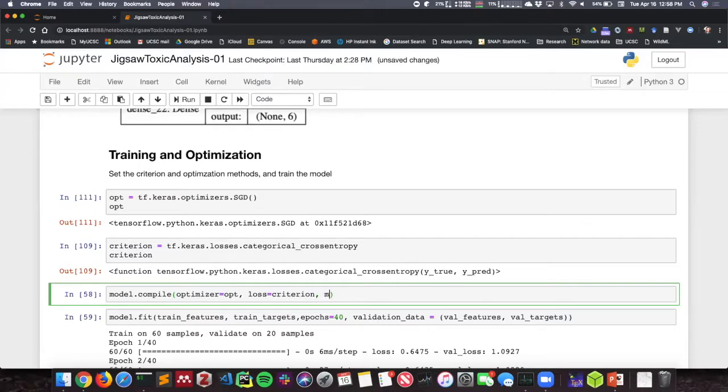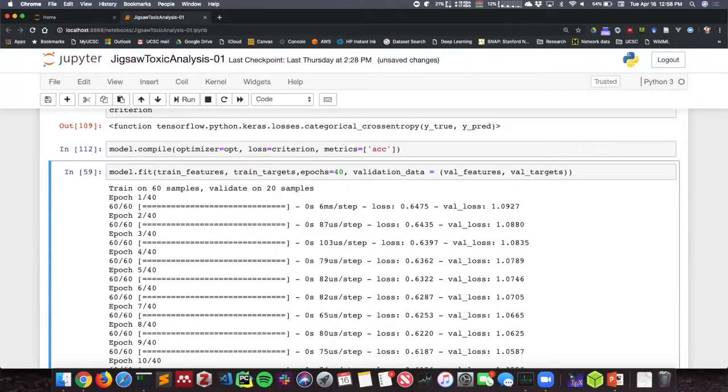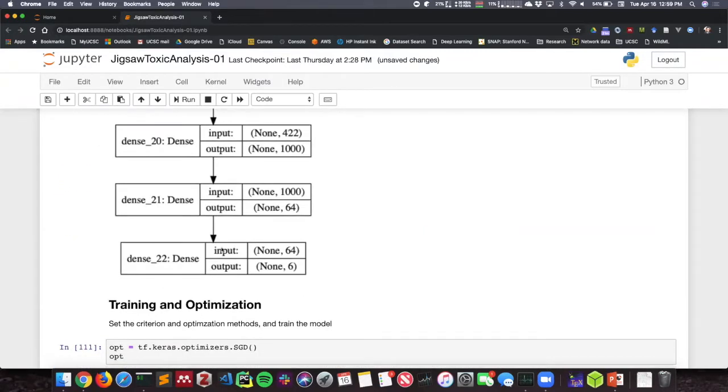Metrics is always a list. So let's say I want the accuracy at every step. I can do that. So now when you're compiling your model, you are giving three things. What is the optimizer to be used? What is the loss? There can be multiple losses because you can have multiple outputs from your model. Our model looks very simple. It's just this output, that's it, right?